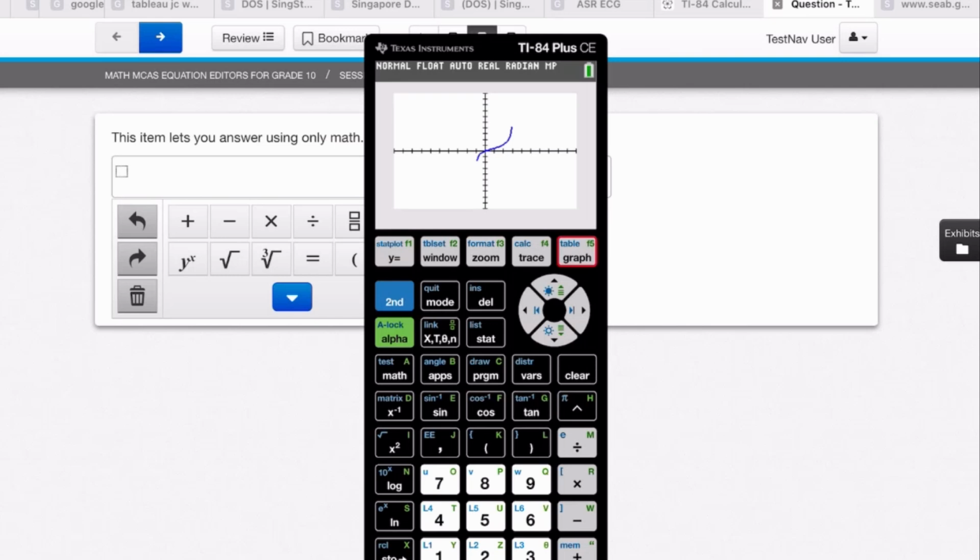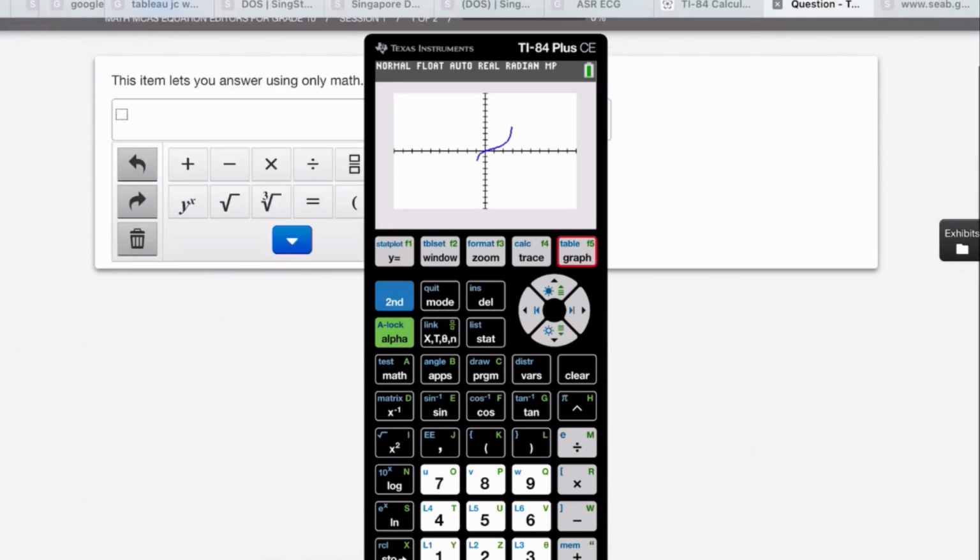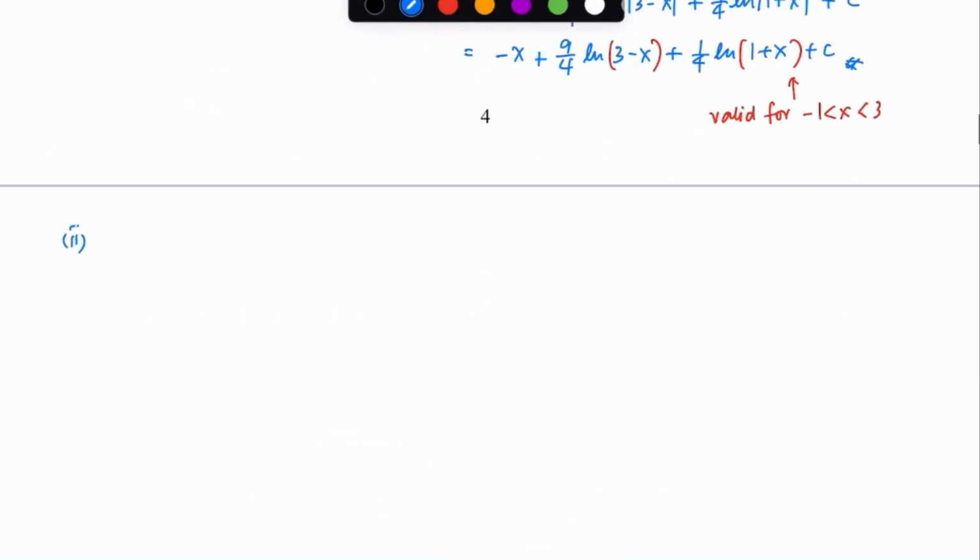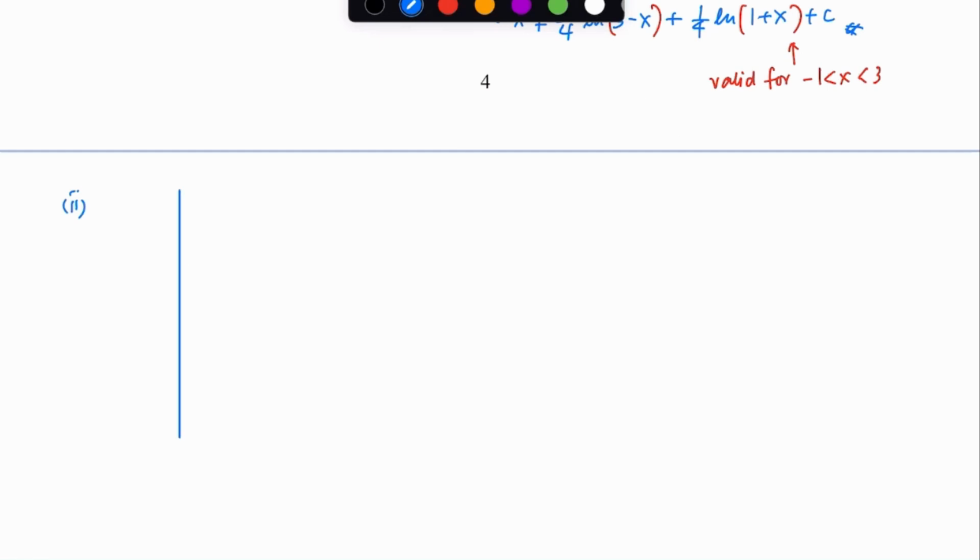The next thing to also test is where it is. You really don't have to sketch. You just look at your GC and you can tell already. You can roughly see that you have something like this.